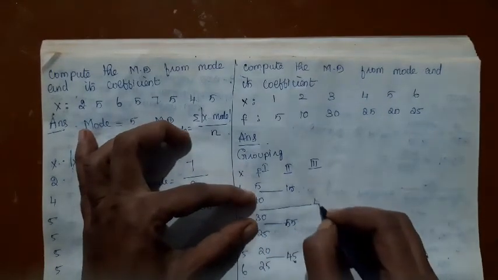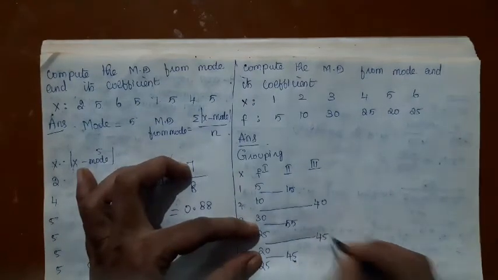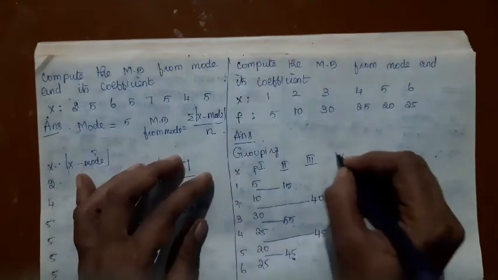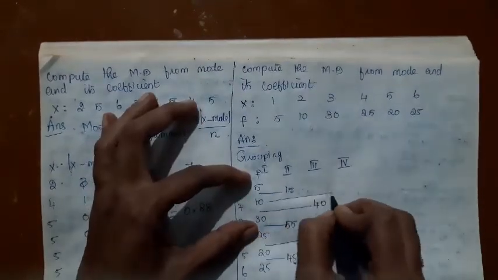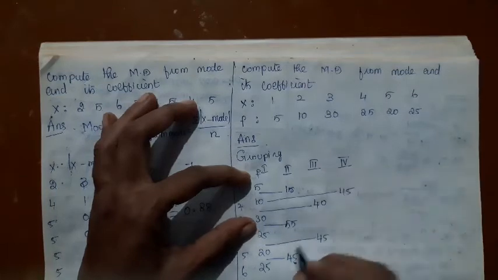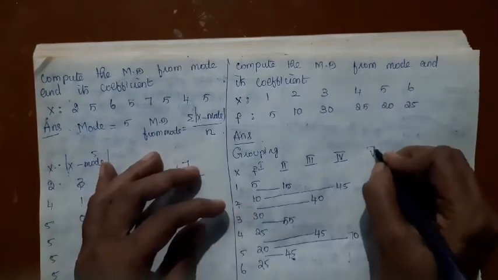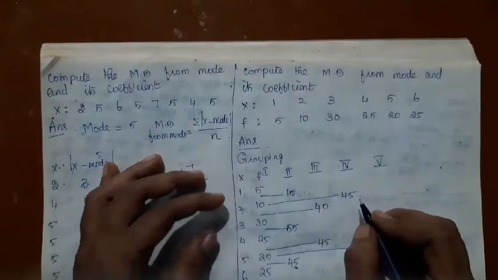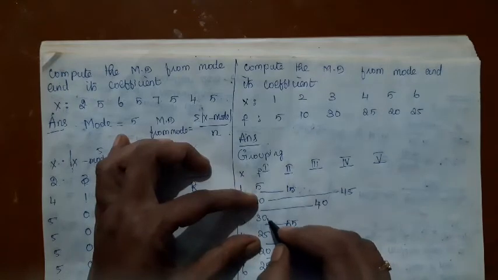Write the total at the center. Add in 2's. Write the total at the center. Grouping in 2's is done for 2 times. Now group in 3's. Grouping in 3's should be done for 3 times. You did it for the first time. Leave the first value and do it for the second time.